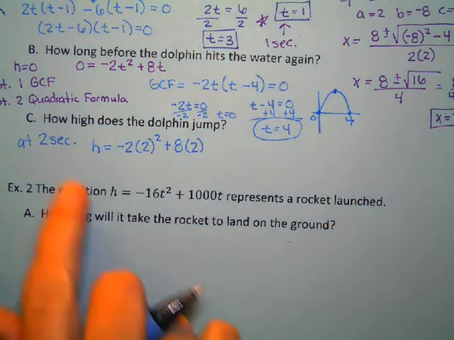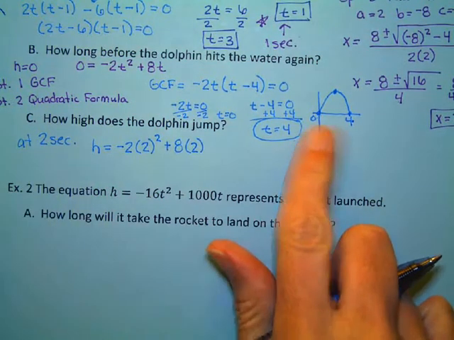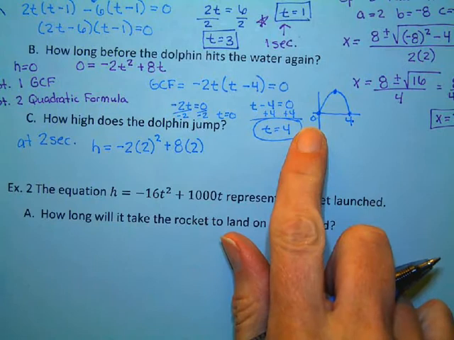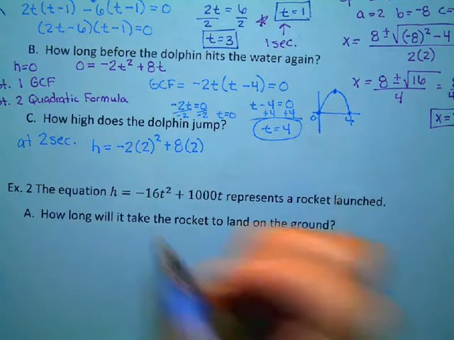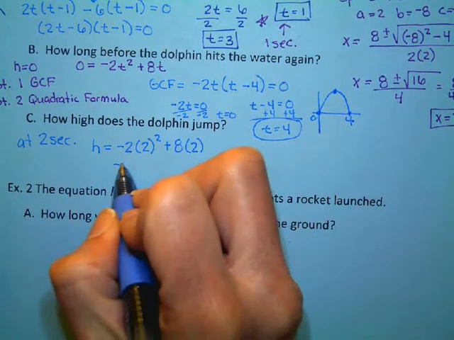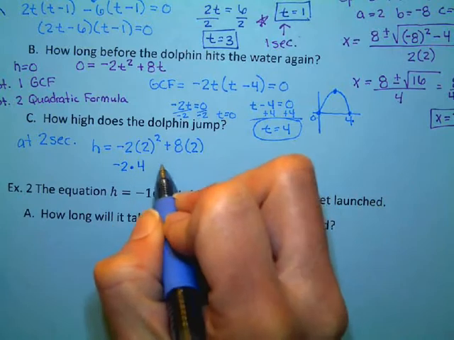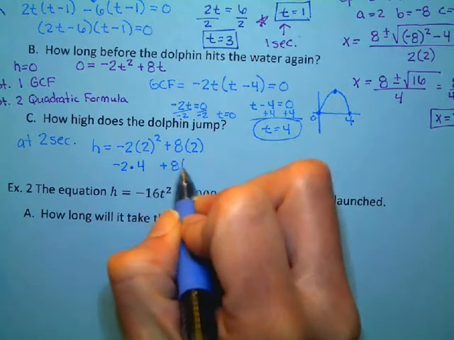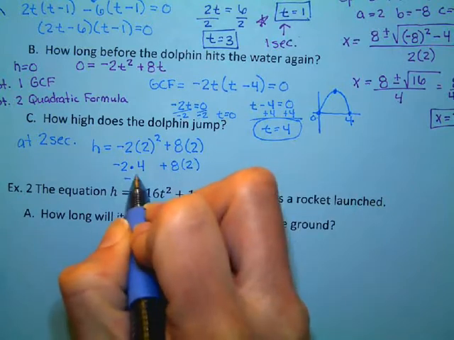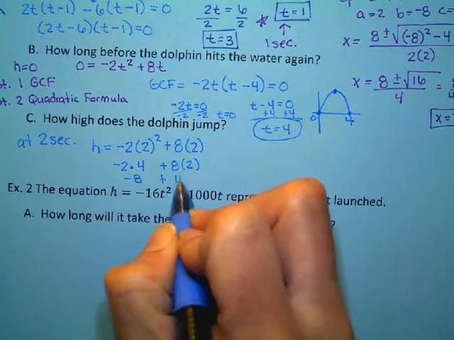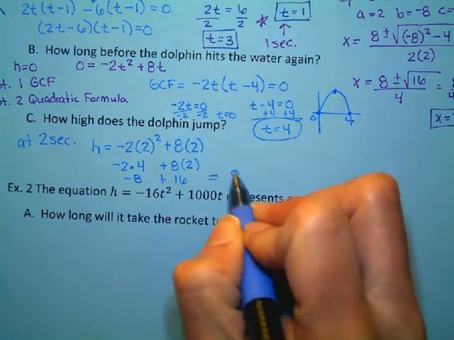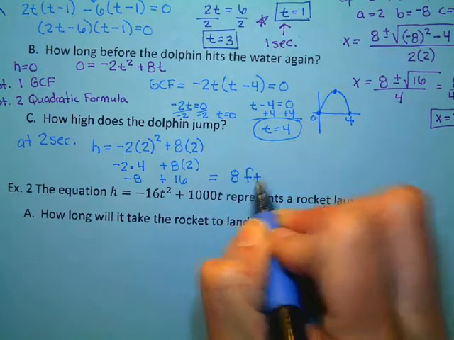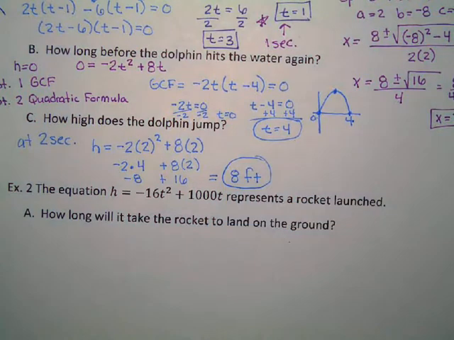That would be halfway between when he goes out of the water and when he comes back in the water. So this is negative 2 times 4 plus 8 times 2. Negative 8 plus 16 equals 8. So the dolphin reaches a height of 8 feet. That's like its maximum.